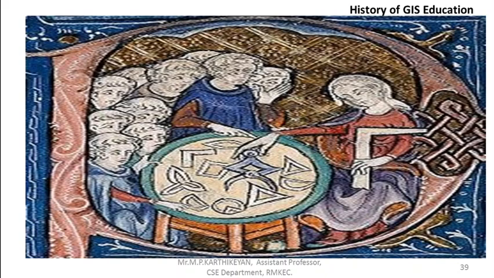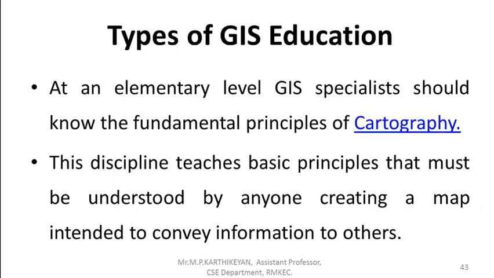Okay, so now we will see the various types of GIS education and move on to the next topic. The various types of education in the sense of how this education is given in universities, how we are taking offline classes as well as online classes in GIS.